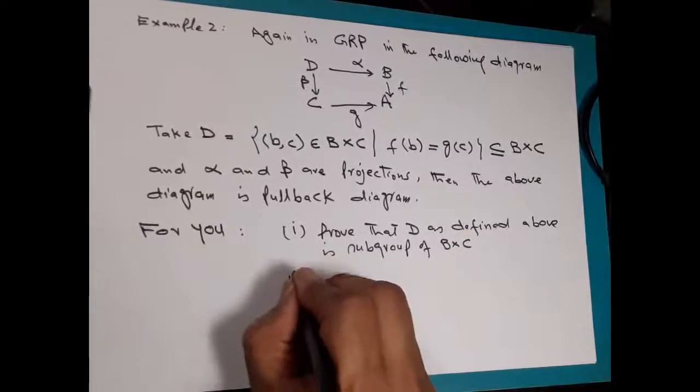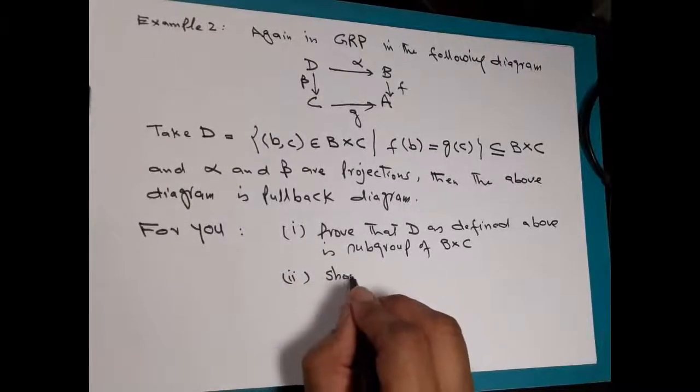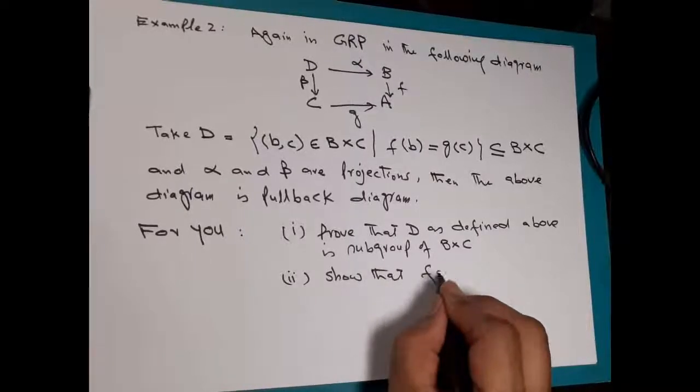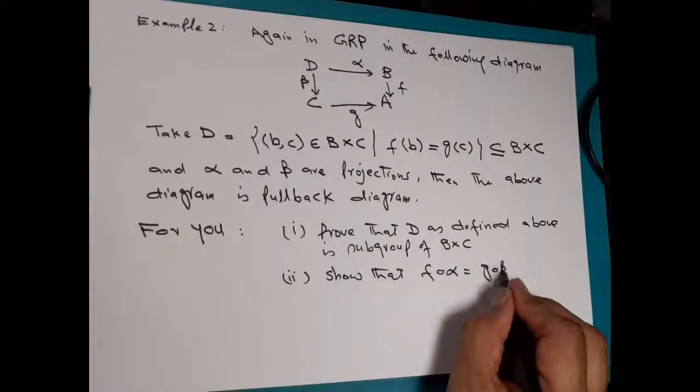Secondly, show that F composed with alpha is equal to G composed with beta.